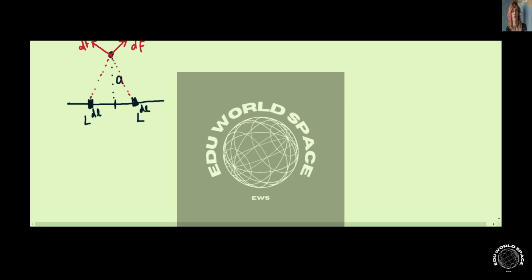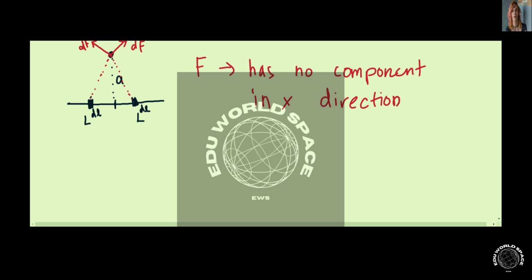So knowing that each piece of the line will have this corresponding piece on the other side, this shows that the total force has no component in the x direction. This is because, as you can see, the forces from these two pieces of the line will cancel each other out in the x direction and add in the y direction.